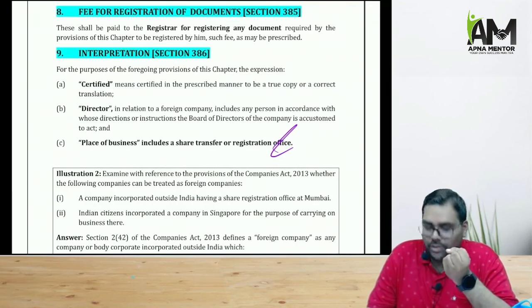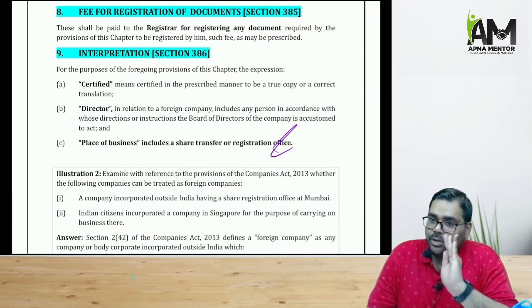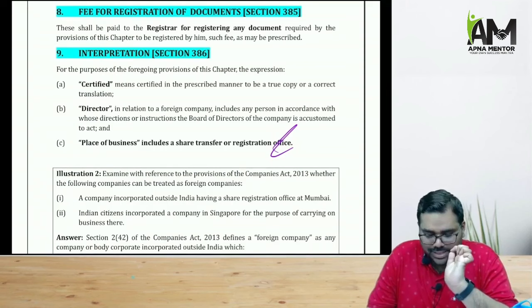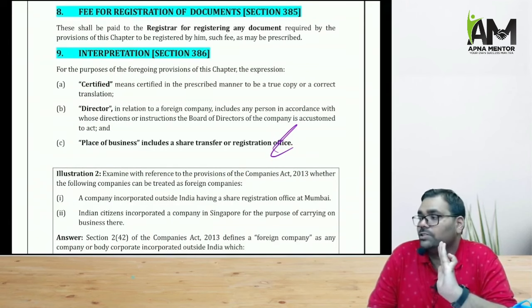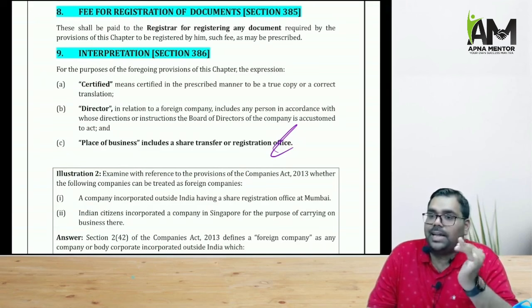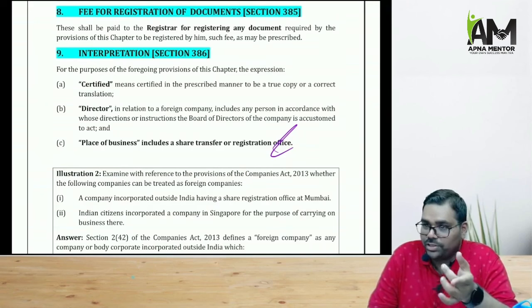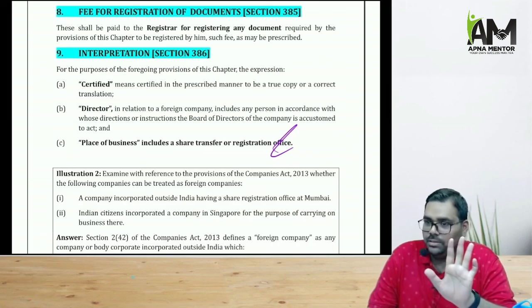Sometimes what the foreign companies used to do is they don't carry out business in India, but they simply set up a share transfer office or registration office. They say that you Indians can subscribe for our shares, and this is our share transfer office. You can come and get your shares transferred from here.